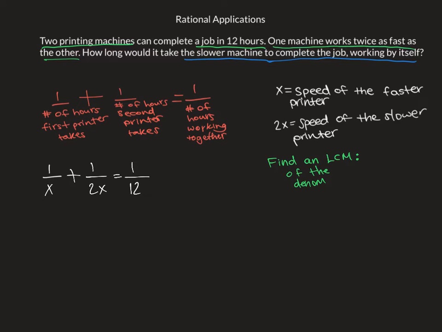It's going to be 12, because our only actual numeric value is 12, and x can go into it, 2x can go into it, and 12 can go into it. So that would be our LCM.